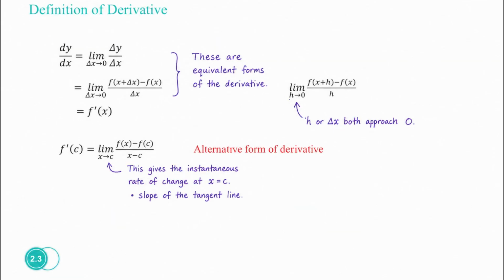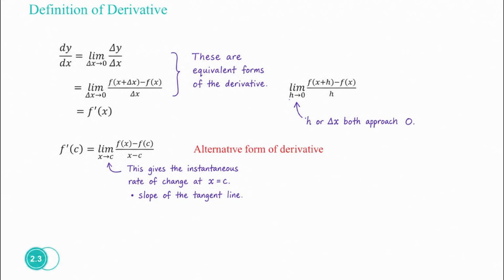Even though today's lesson focuses on rules, it is still important to remember where derivatives come from. The derivative is defined as a limit. Our common form is dy over dx equal to the limit as delta x approaches 0 of delta y over delta x. This means the derivative measures the instantaneous rate of change.